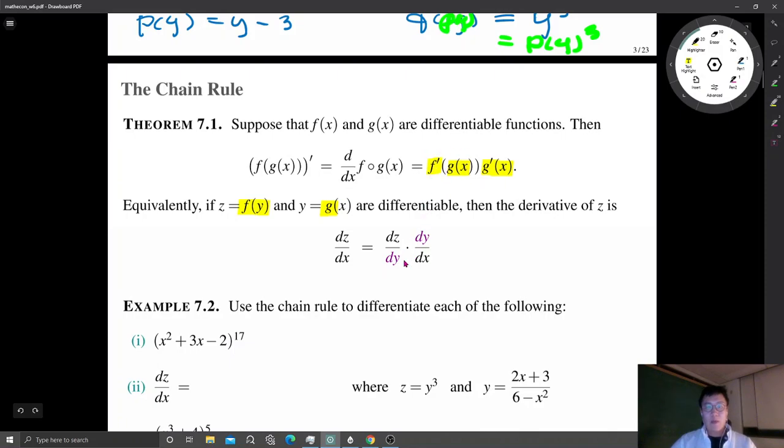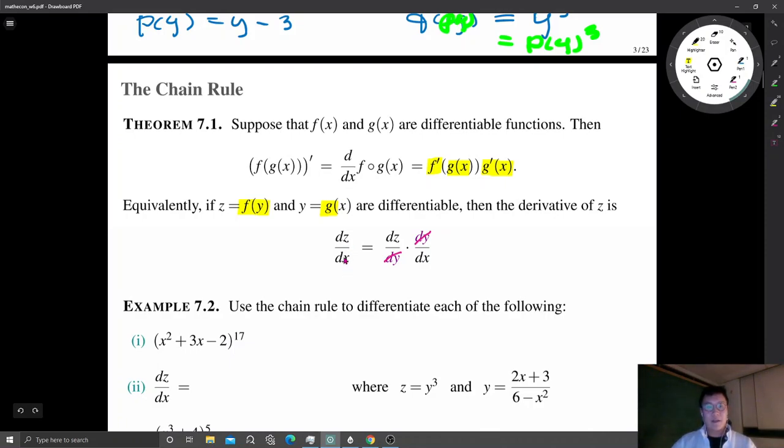And then we multiply by dy over dx, so g prime. Now you can see the infinitesimal change in variable y will be cancelled, so we obtain dz over dx. That is one way to prove the chain rule.